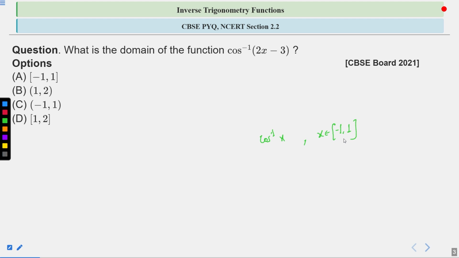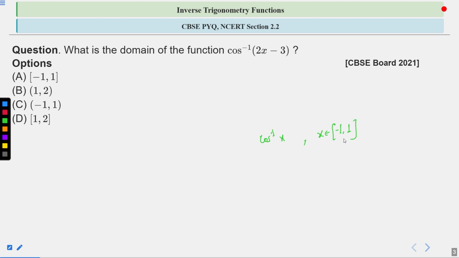We will place 2x minus 3 in place of x and keep it between -1 to 1, and after further simplification we can easily get the domain of the given function, right?